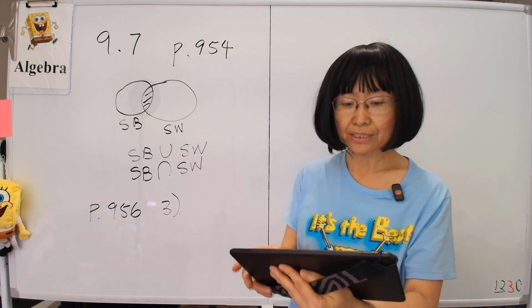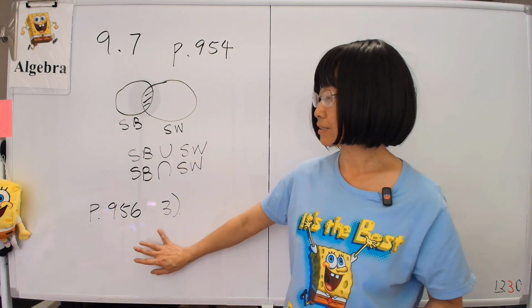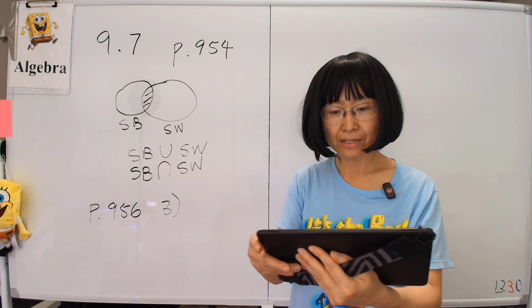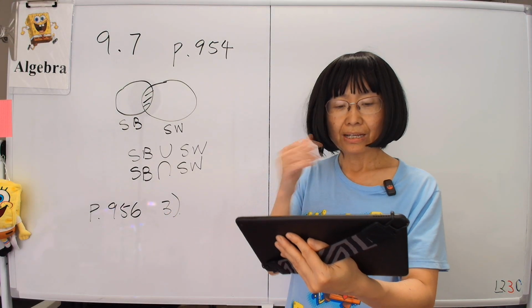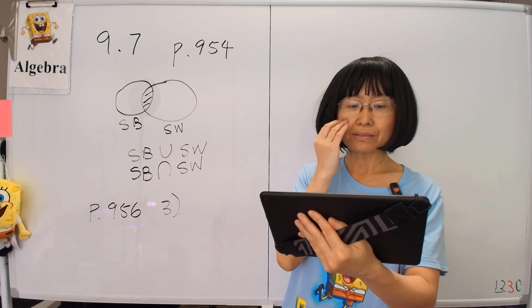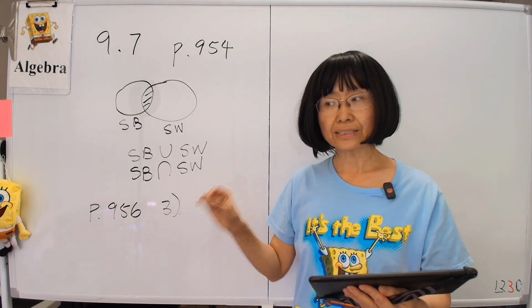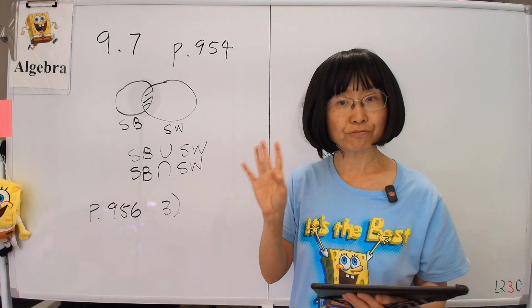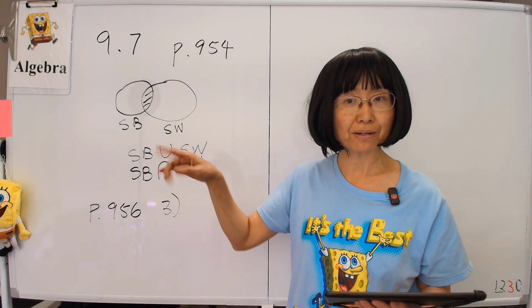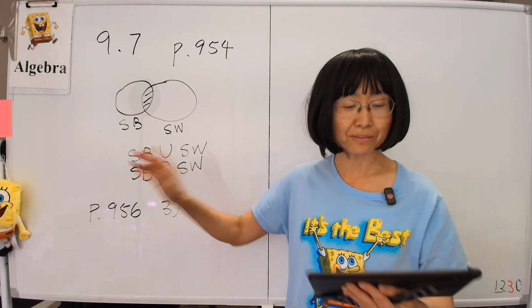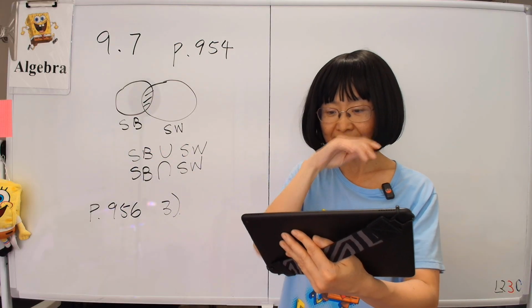Now to demonstrate this concept, let's consider example 3 on page 956. It says a card is drawn from a standard deck. A standard deck in math means 52 cards. There are 2 more cards, but we don't care about those, at least in this problem.